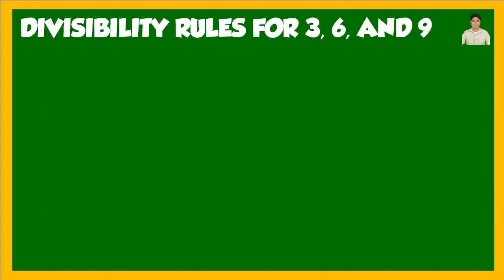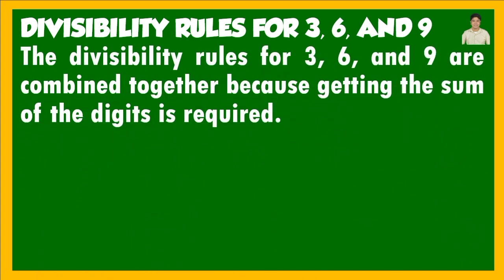Let us now discuss the divisibility rules for 3, 6, and 9. The divisibility rules for 3, 6, and 9 are combined together because getting the sum of the digits is required. If you can still remember the divisibility rules for 2, 5, and 10, the reason why they are combined together is because we are considering the last digit or the ones digit of every number.